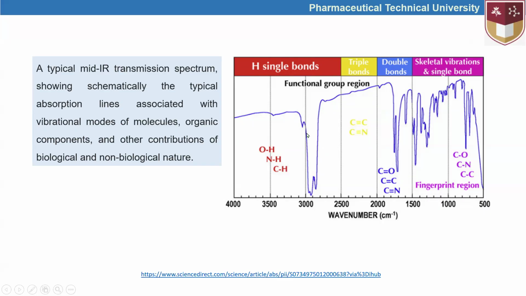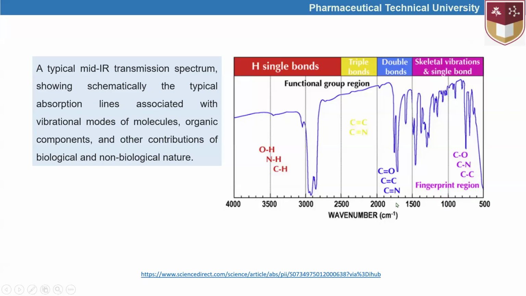If the absorbance belongs to the spectrum between 2000 to 2500, we can claim the presence of compounds holding carbon-carbon triple bonds or carbon-nitrogen triple bonds.